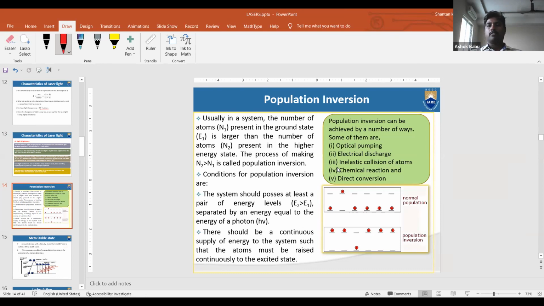To achieve population inversion, we require pumping mechanisms. We discussed various pumping mechanisms: optical pumping, electrical discharge, inelastic collision of atoms, chemical reaction, and direct conversion. In that slide, the two diagrams below represent normal population and population inversion.